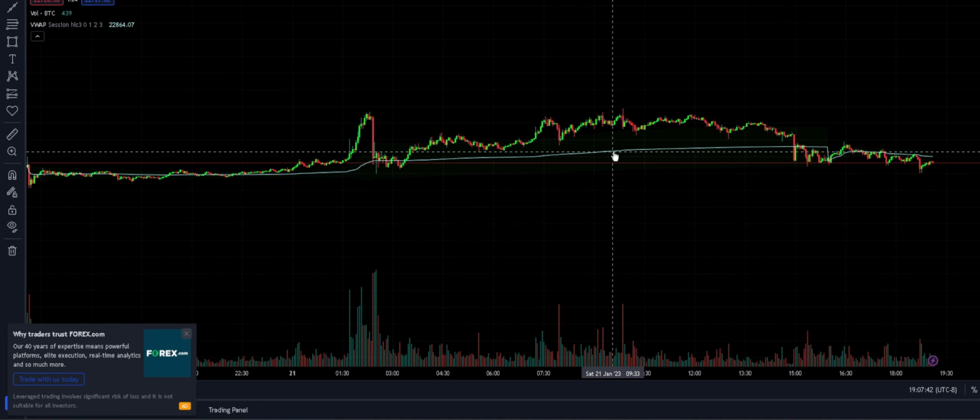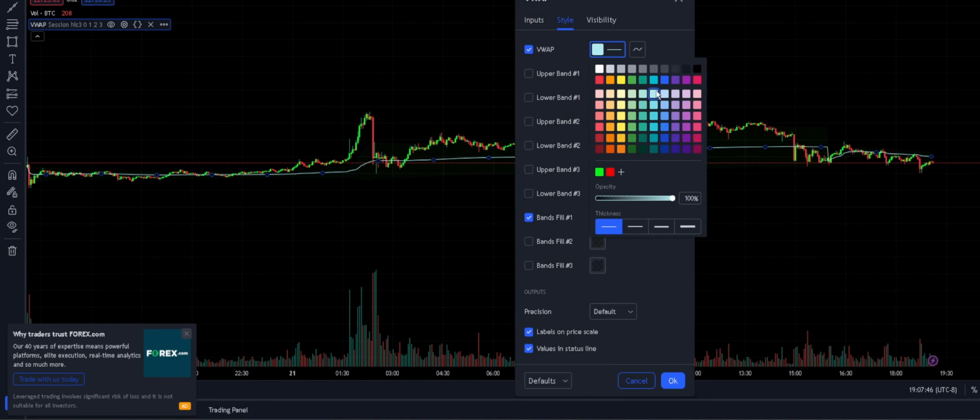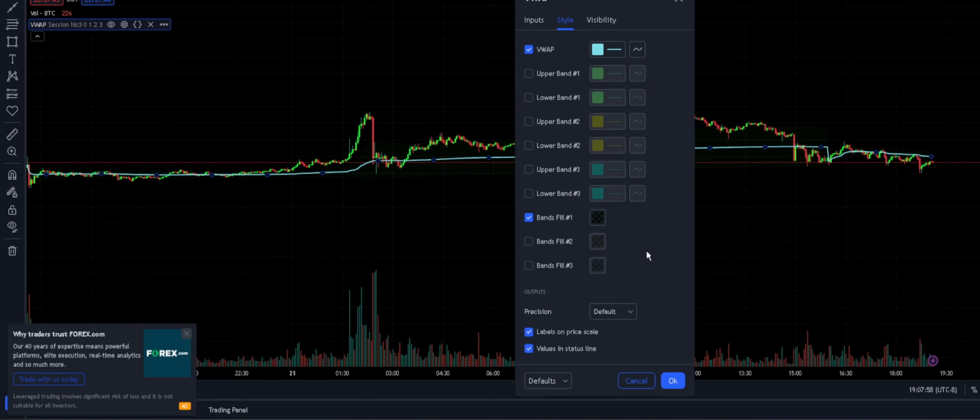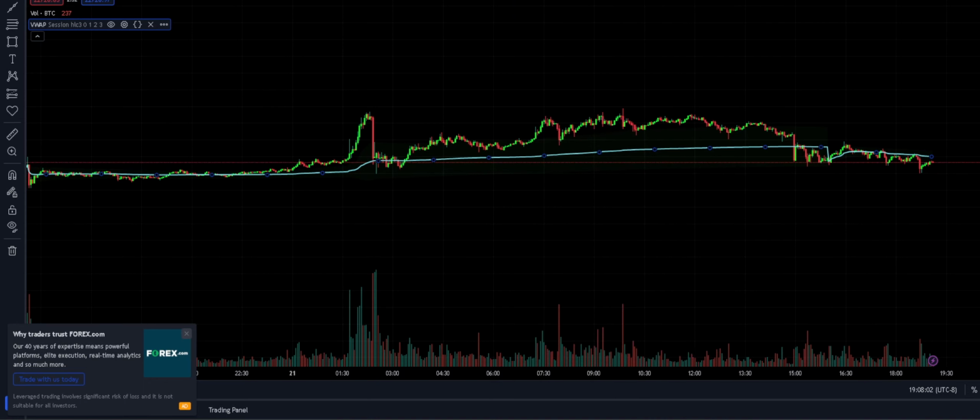I always try to make my VWAP stand out better, so I use a very sharp color and also a thicker line, so I want it visible and differentiated from the rest of my indicators, if there are any. Then you can add it to your chart.